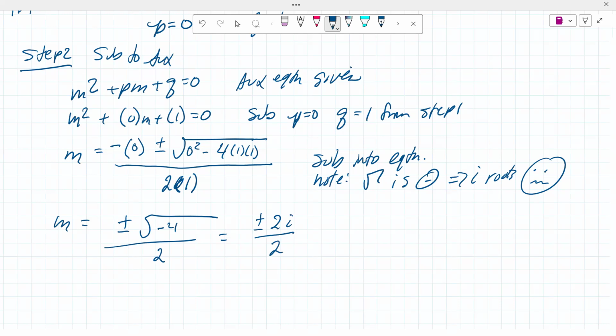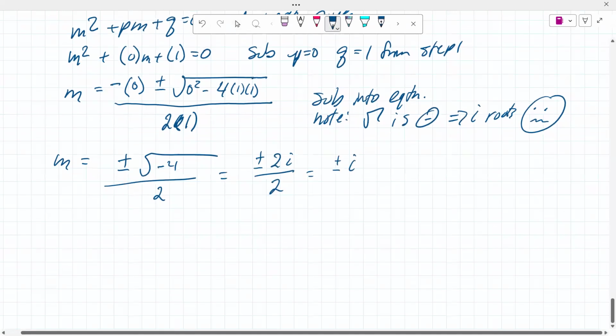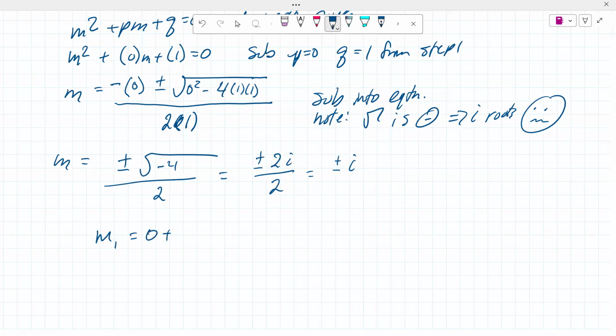We can pull out the 2, equals plus or minus i is our roots. So the positive root, we're going to have M1 equals 0 plus 1i, right? So I'm writing this explicitly out in the full form.